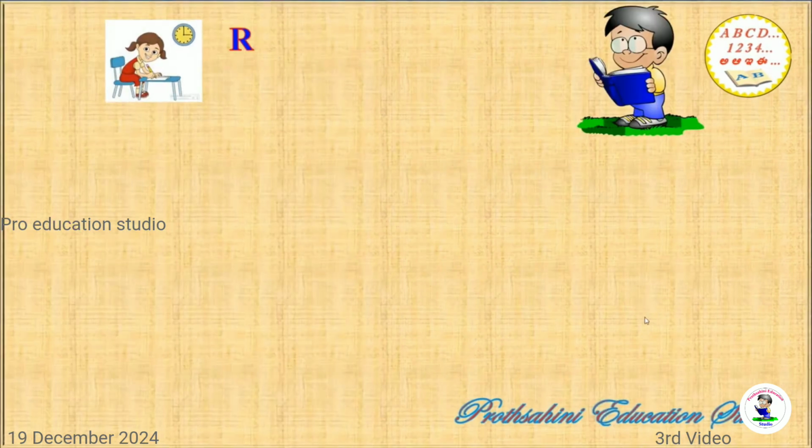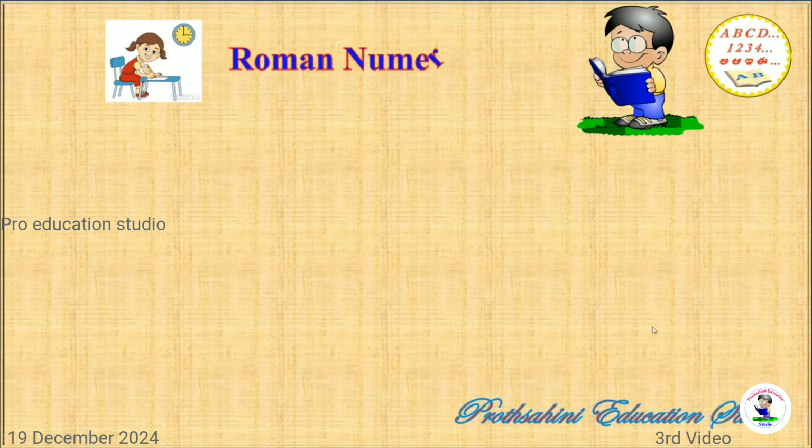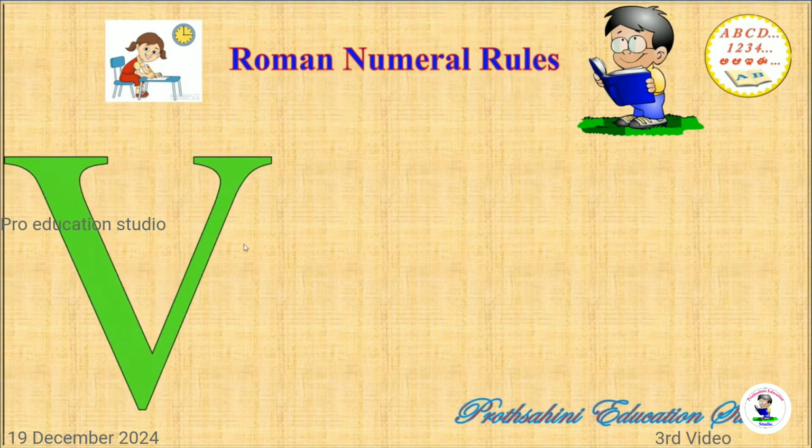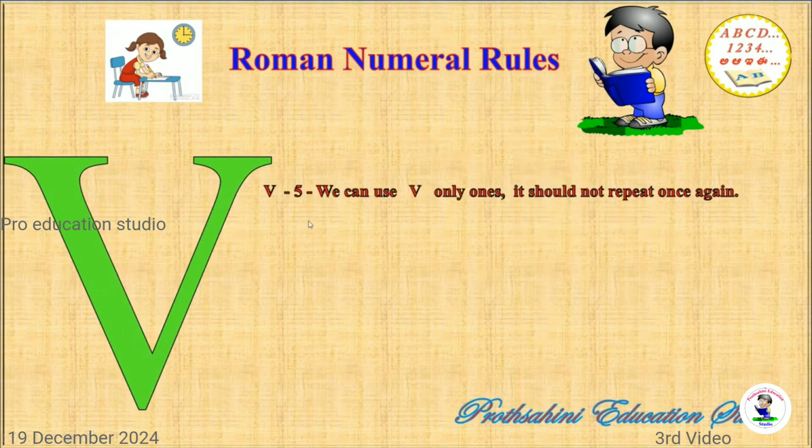Now can you say with me what is the topic name? Roman numeral rules. Now we will go on to the V. Now how will we represent it? V represents 5.